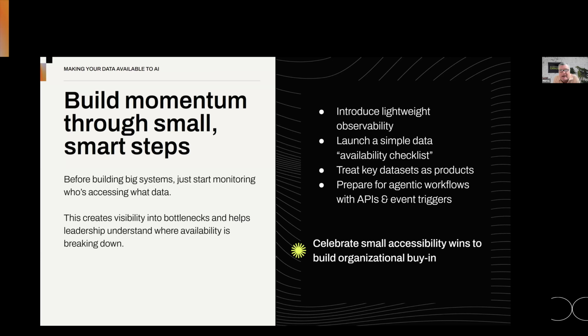So celebrate that, and celebrate that not only within the product team, but also with management. Management needs to know that you are making this progress and you are doing these things to achieve these goals. And here's what we did, and here's what the result was, and here's what we learned from that. The small steps, I think they add up fast and get you that momentum you need to carry these projects forward.